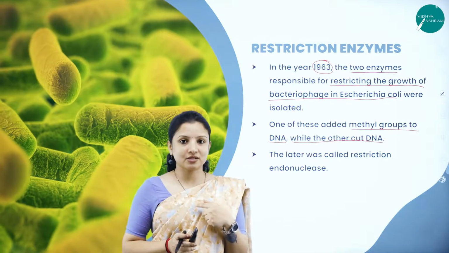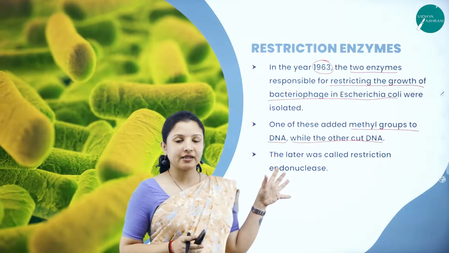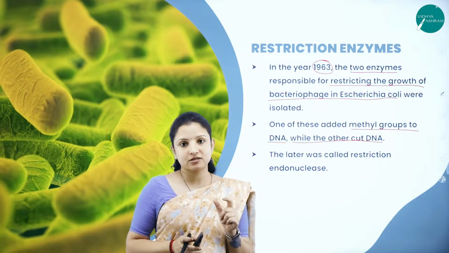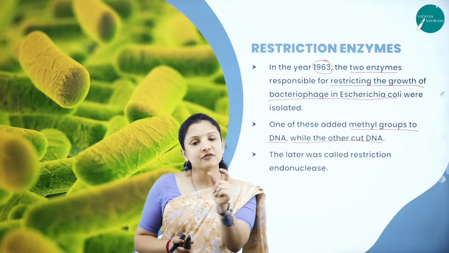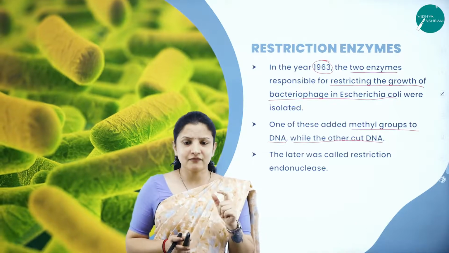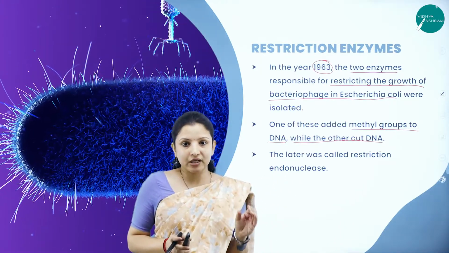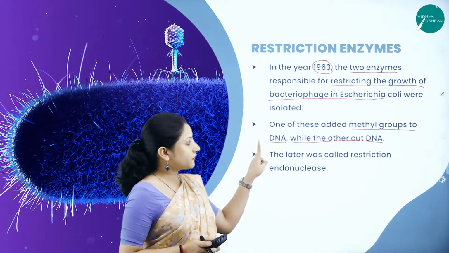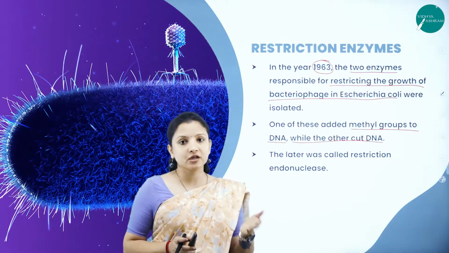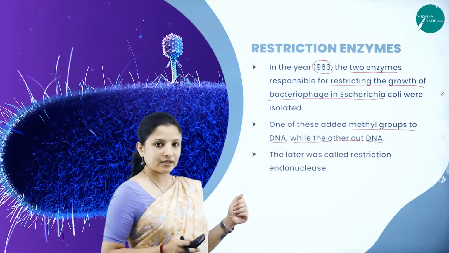Now, which restriction enzyme do we need? We need those restriction enzymes for recombinant DNA technology. We need that particular restriction enzyme that is capable of cutting the DNA into smaller bits. Why? Because we need to cut the DNA so that we can take out that gene that we need, right? So out of the two, one restriction enzyme was of great use in recombinant DNA technology.